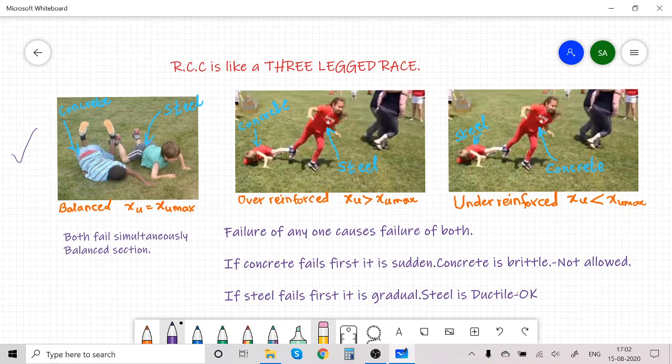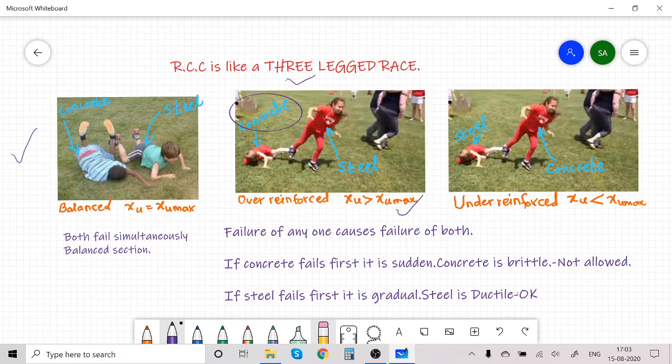In the second picture, you can find concrete fails first. Steel is stronger; steel is more than that required for a balanced section. So we call this an over-reinforced section. In this case, XU is greater than XU max.